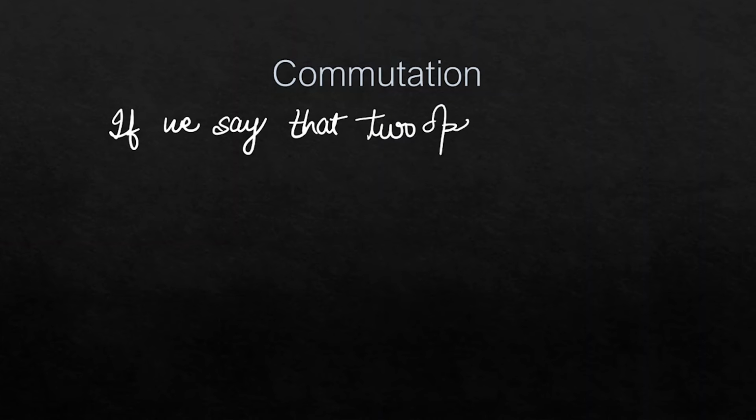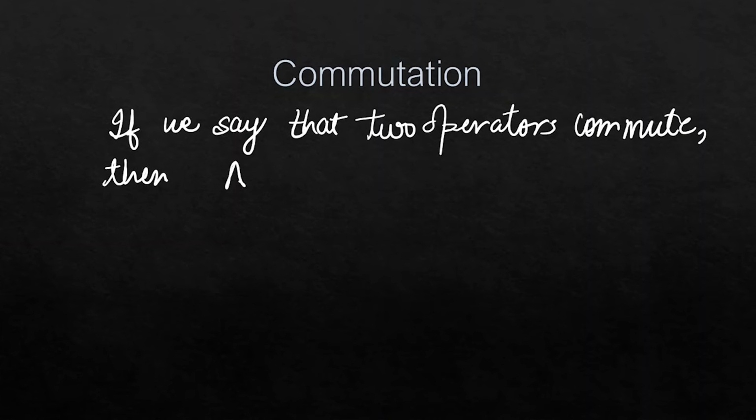If we say that two operators commute, then the commutator of those two operators vanishes. That is, if two operators commute, then their commutator should vanish.